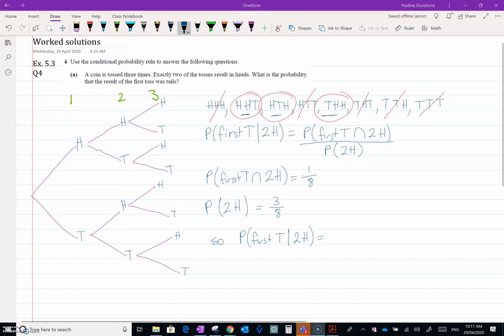So the probability that the first toss is a tail, given that we have 2 heads, is given by 1 over 8 divided by 3 over 8. And that is just equal to 1 over 8 times 8 over 3. The 8s cancel, and that gives us 1/3.